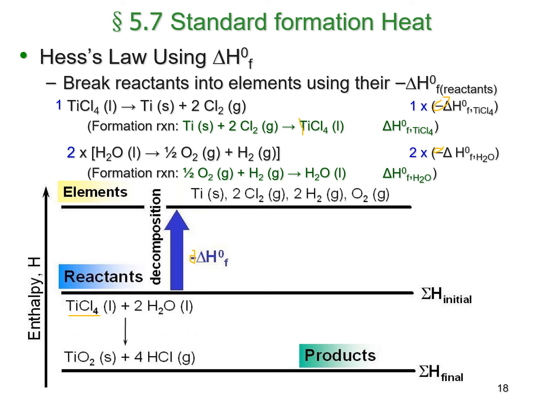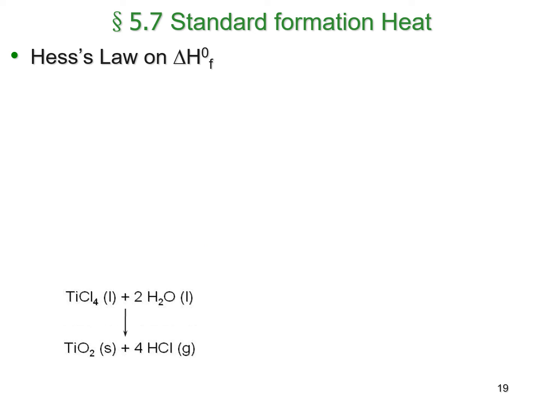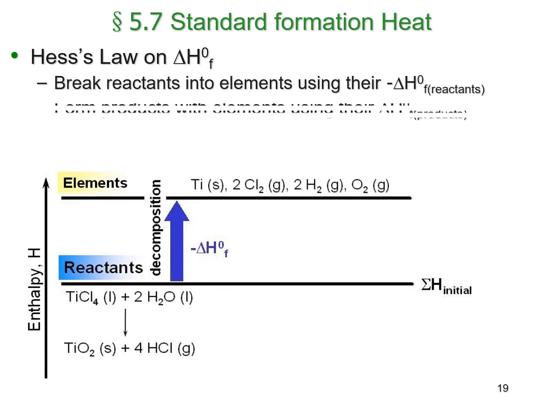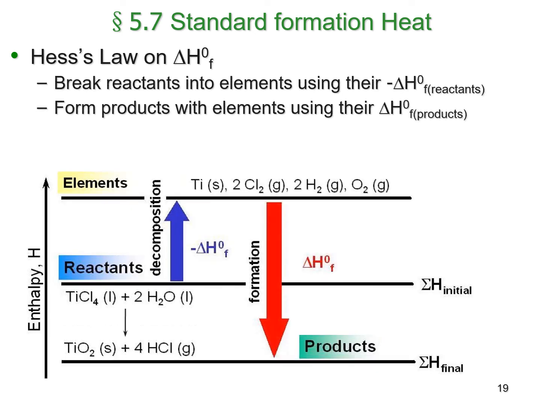So we use the negative of the standard heat of formation of this reactant to break up this reactant into the elements. Alright, so we got the elements in a higher energy level. What's our next step? Our next step here is to form products with the elements.